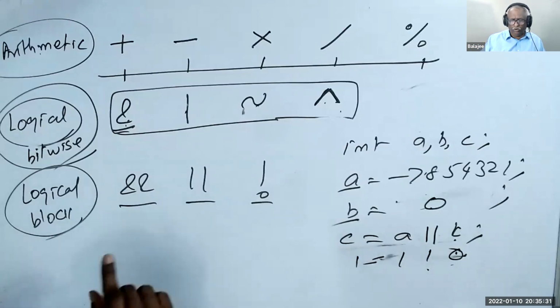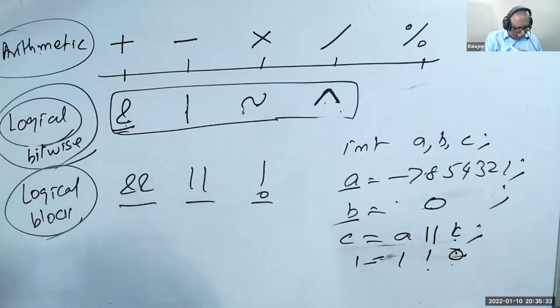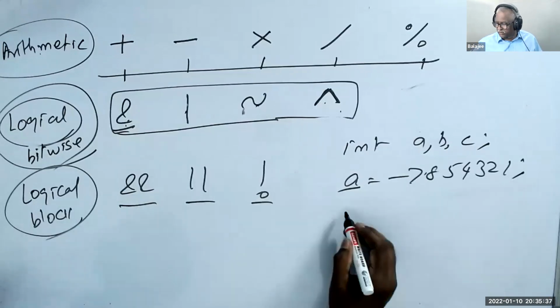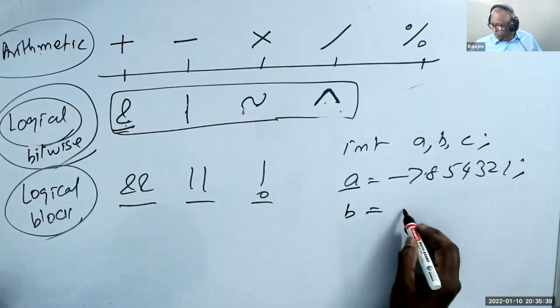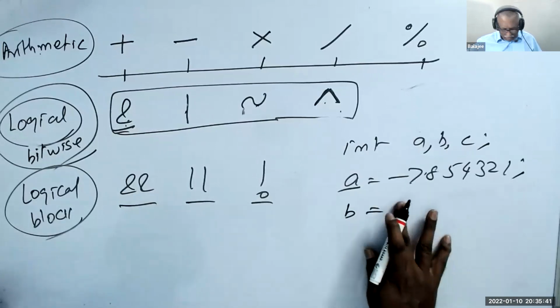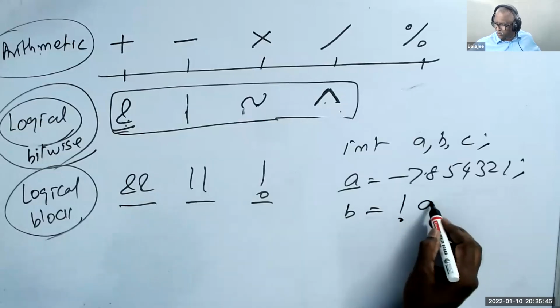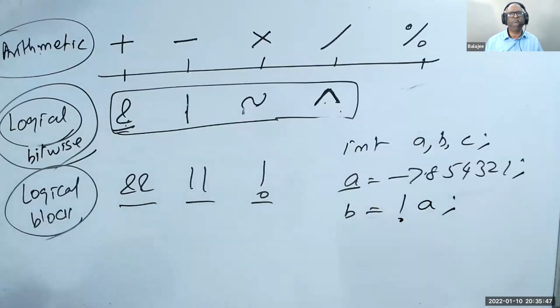I know that you all would have seen AND and OR as operators. Now I'm asking you one question. What is the value of B? Not, sorry, logical block NOT of A. What is the answer? Anybody? What is B now?